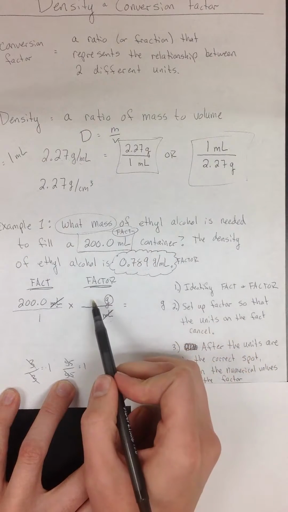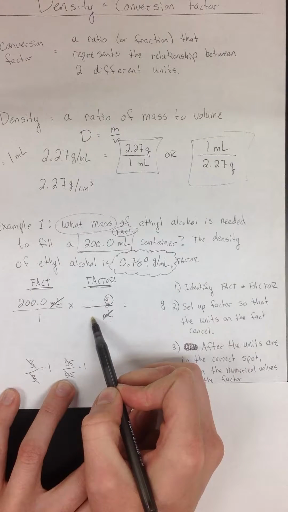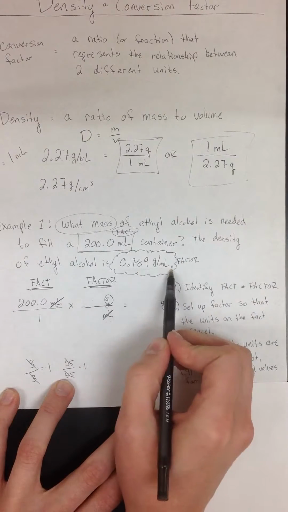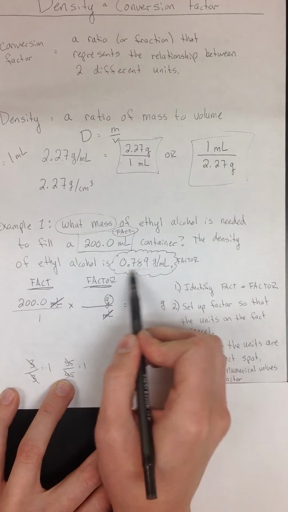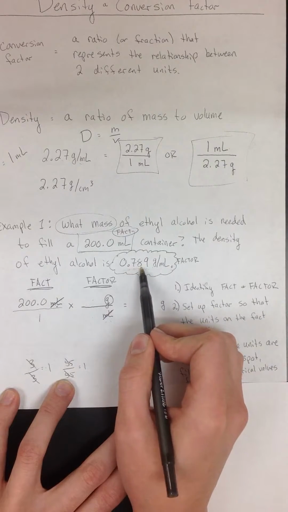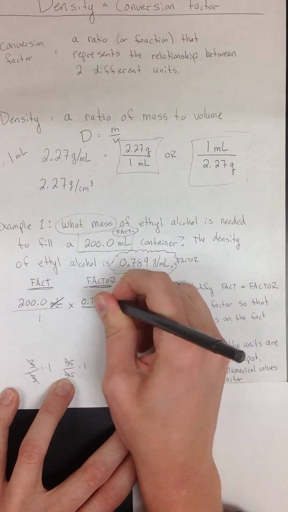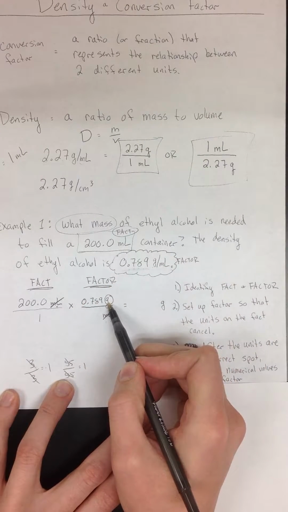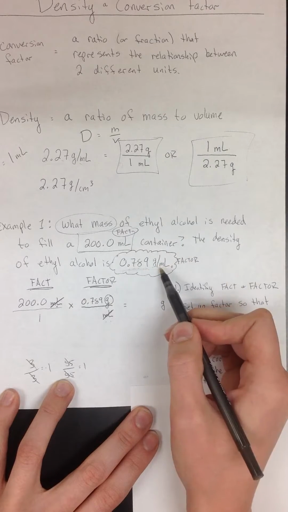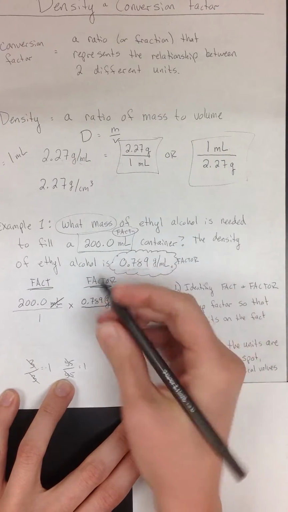I need to figure out whether that goes on top with my grams or on the bottom with my milliliters. Anytime your factor is written like this, your numerical value goes with your first unit. So this is saying 0.789 grams is in 1 milliliter, or for every 1 milliliter.